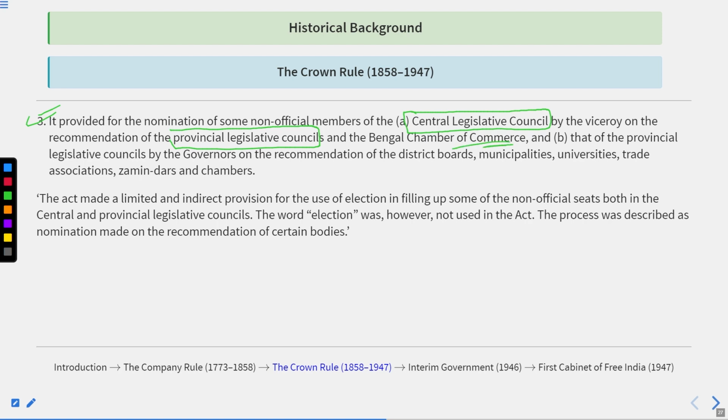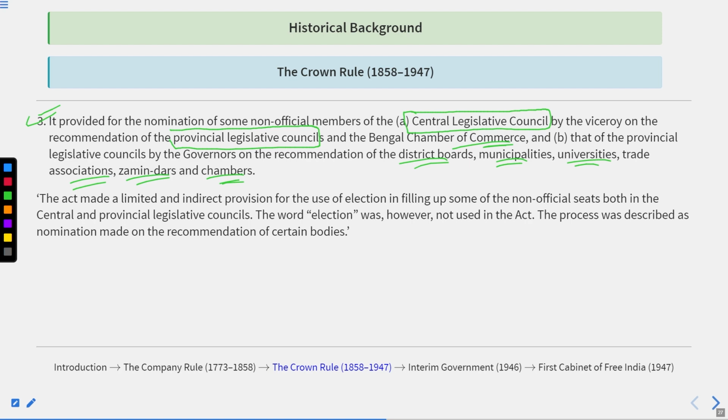Okay, that of the Provincial Legislative Councils by the governors on the recommendation of district boards, municipalities, universities, trade associations, zamindars and the chambers. Like if the non-official members are to be adopted in the Central Legislative Councils by the Viceroy, so recommendations must be given from the Provincial Legislative Councils and the Bengal Chamber of Commerce.